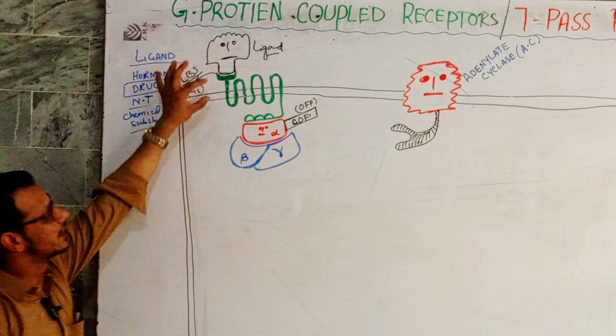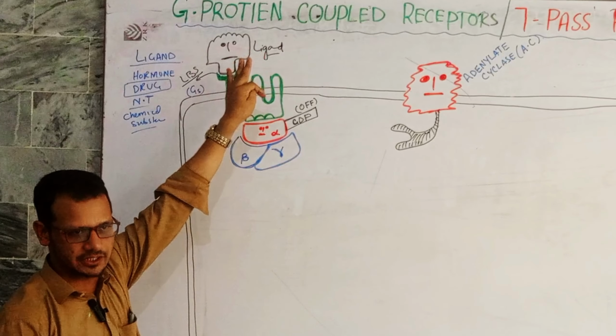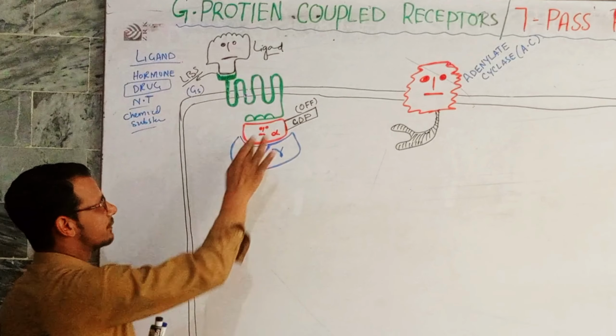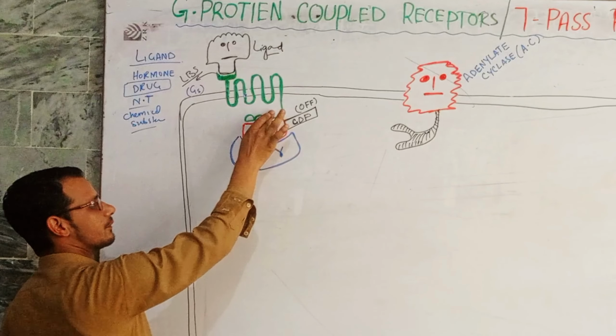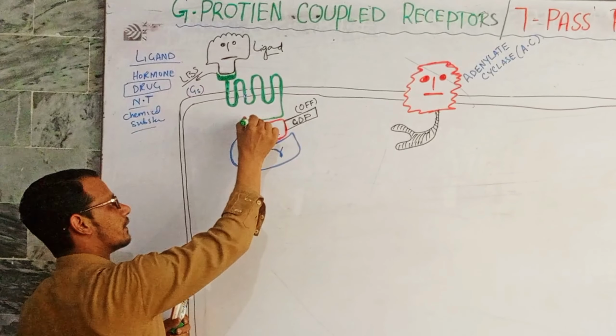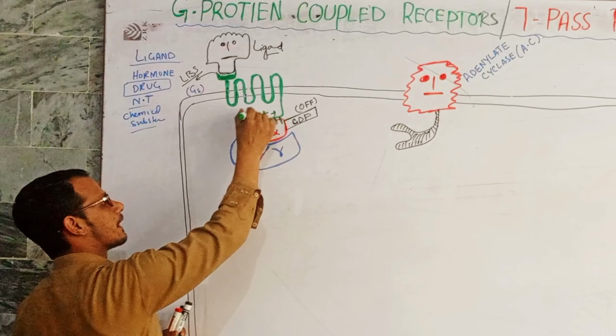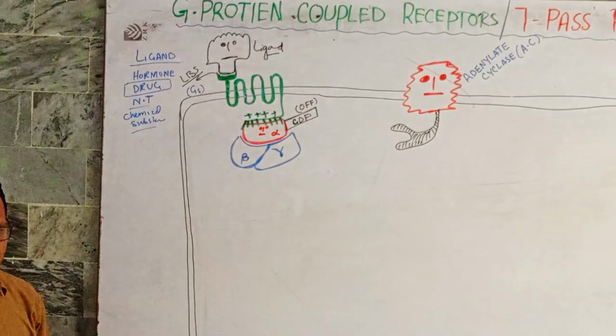After this attachment, this protein, this peptide chain, will be activated. This is the off form of this receptor, and this is the activated form of this receptor, right?